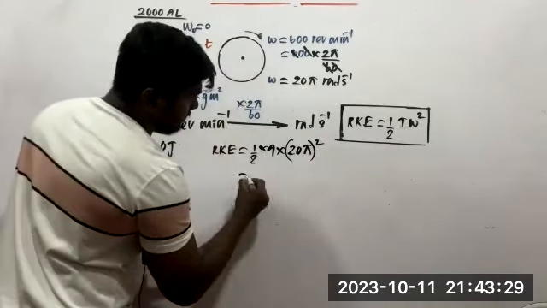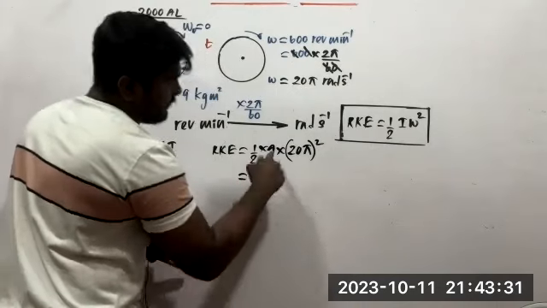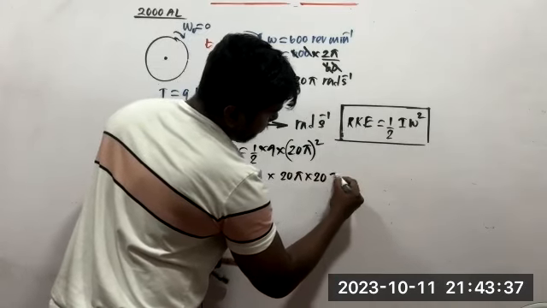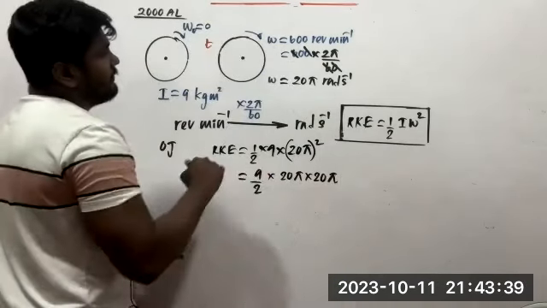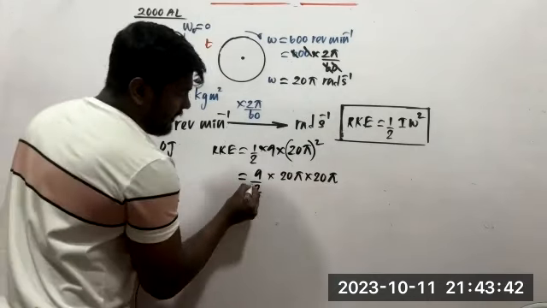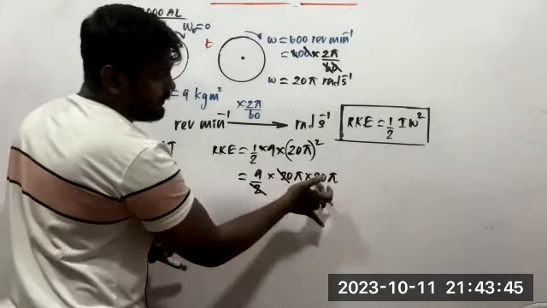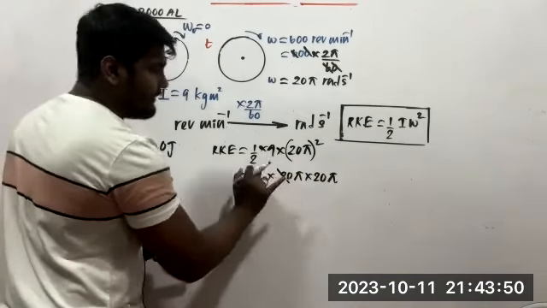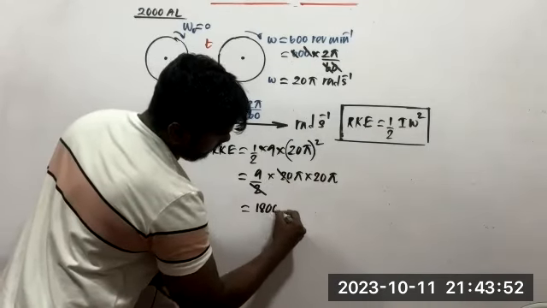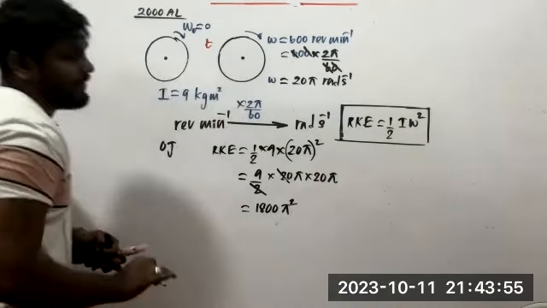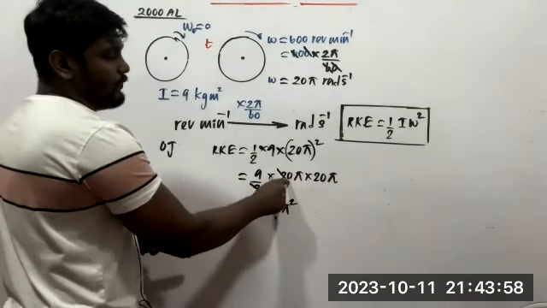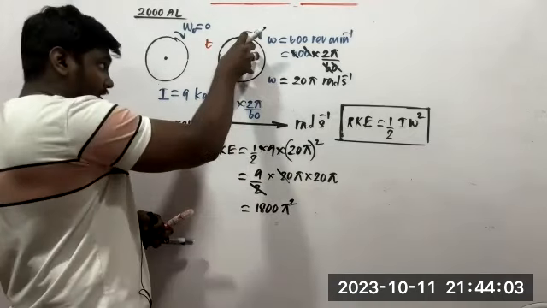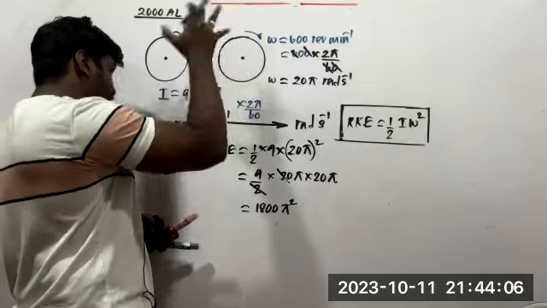Then I'm getting 9 over 2 into 25 into 25 pi squared. I can cut 1, 2, 1, 2. Then here it's 20 into 10, 200. 200 into 9, 1800 pi squared. Am I correct? That is the rotational kinetic energy of the flywheel after some time t.